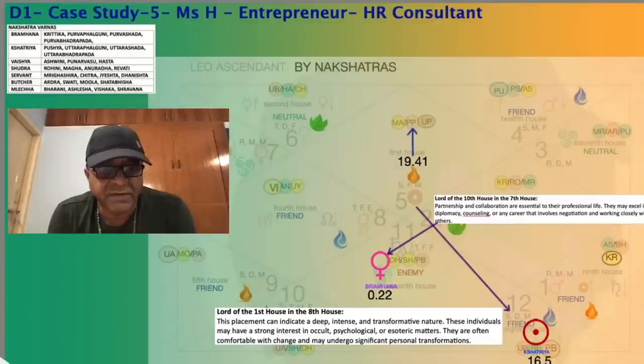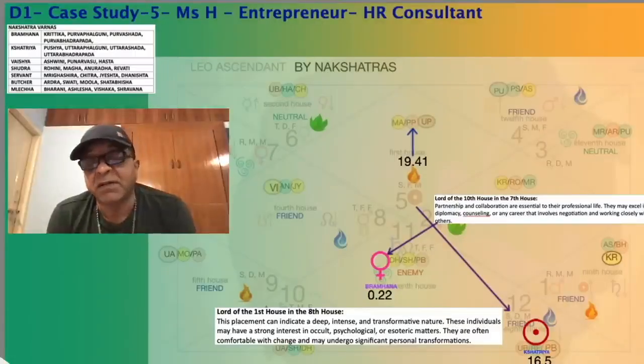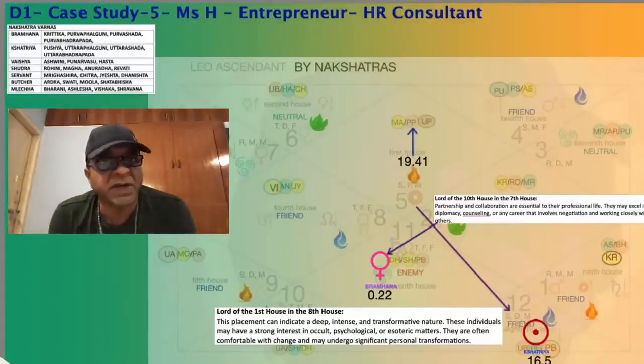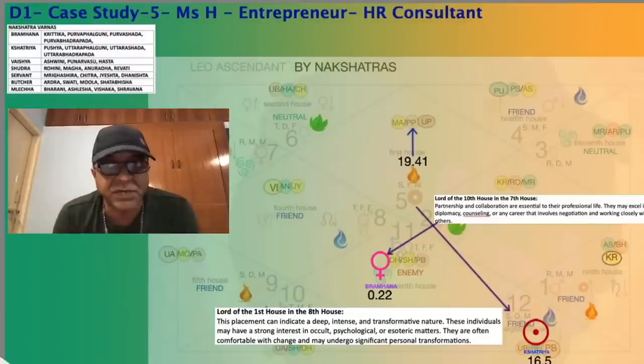So Lord of the 1st in the 8th house signifies a deep, intense, transformative nature. The first natal chart, the division 1, is basically about the human personality itself, who you are as a person. It's nothing to do with what careers you're doing or what kind of relationships you have or any other area of your life. It's to do with you, me. What defines you as you?